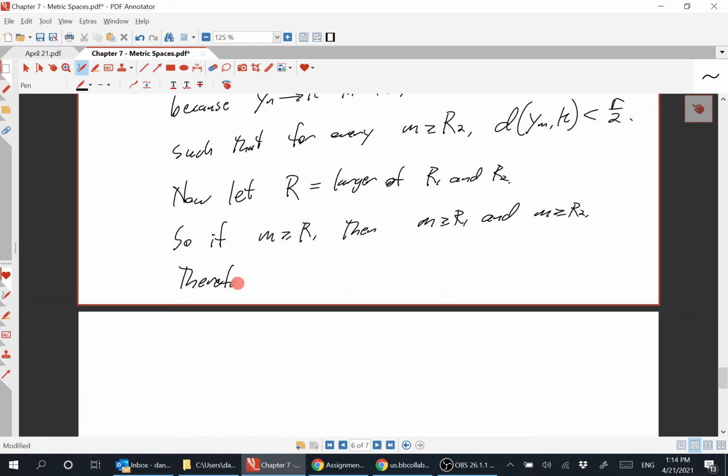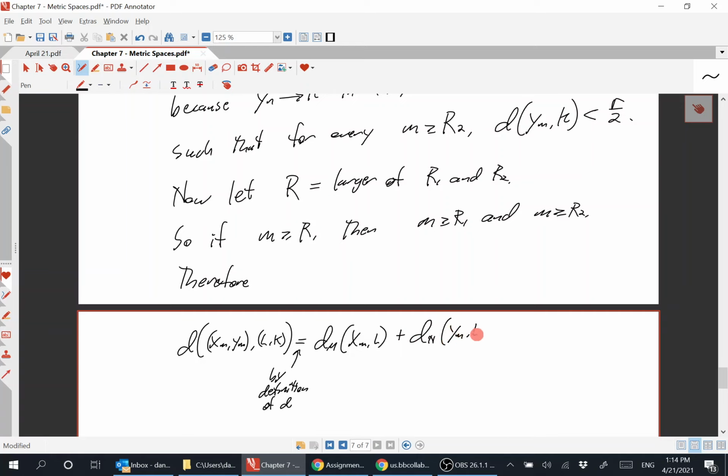Therefore, the distance of (xm, ym) to the point (L, K) is, by definition of D, the distance in M from xm to L, plus the distance in N from ym to K. This one was less than r over 2, and this one was less than r over 2, so that's equal to r.